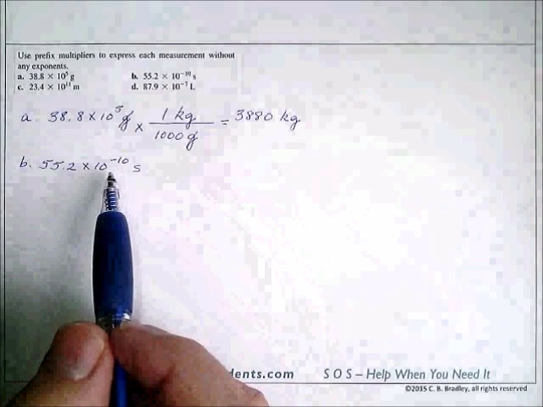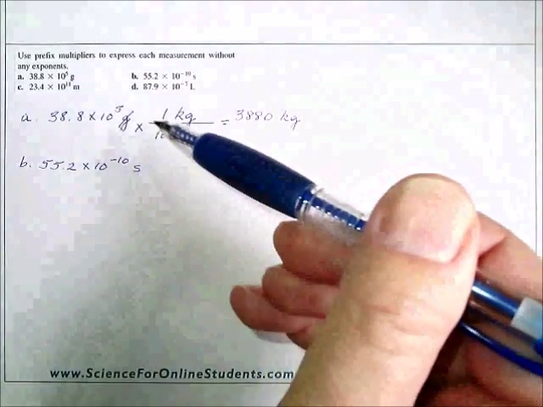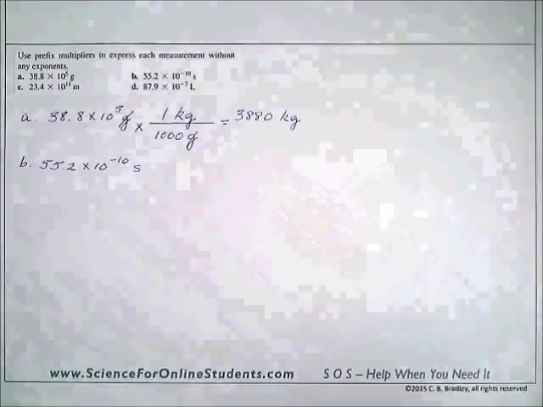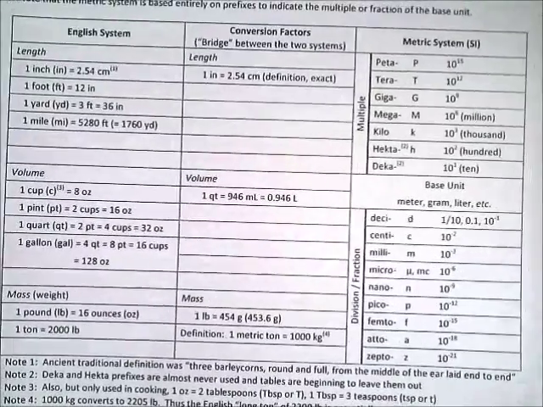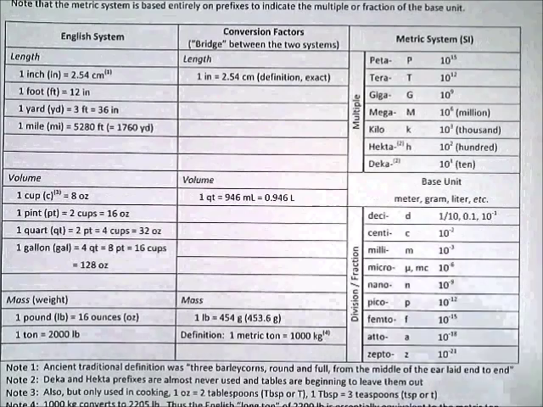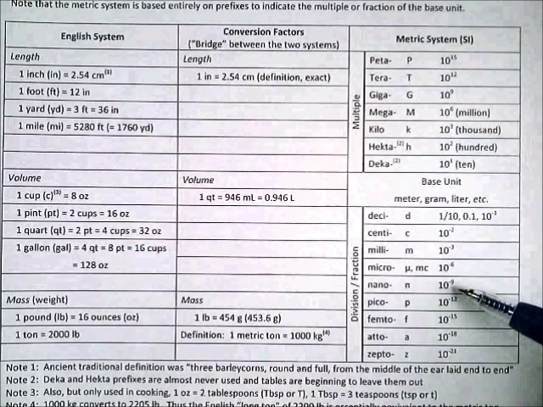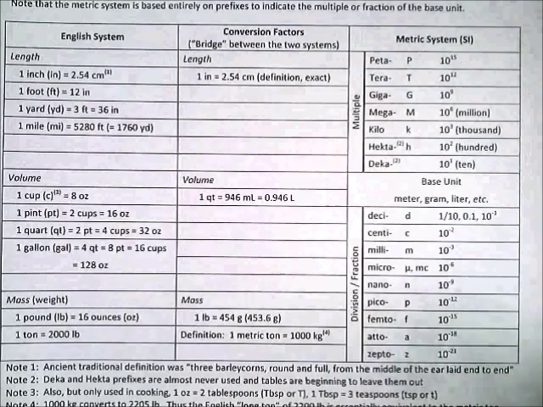So, which prefix is going to be smaller than 10 to the minus 10th? Smaller than 10 to the minus 10th means the next one with a larger negative number, a more negative exponent. Okay, so 10 to the minus 9th is nano. 10 to the minus 12th is going to be pico.